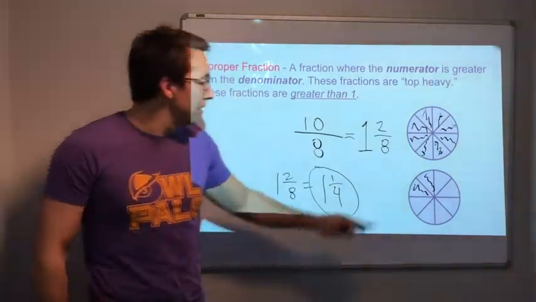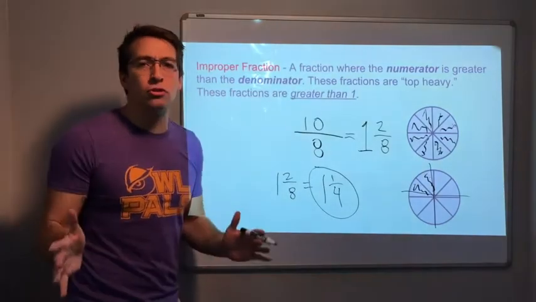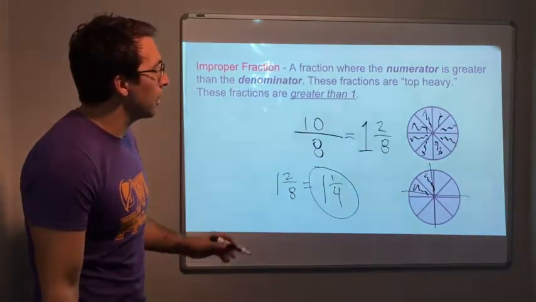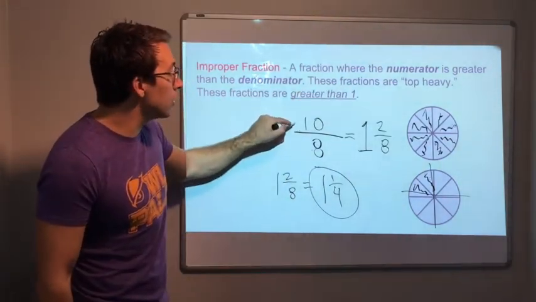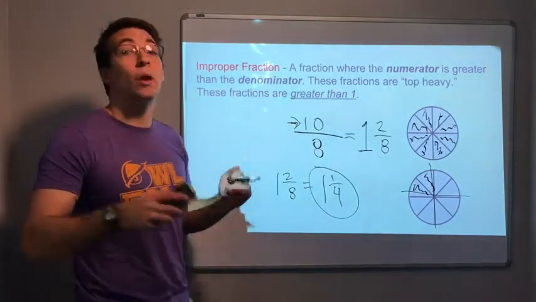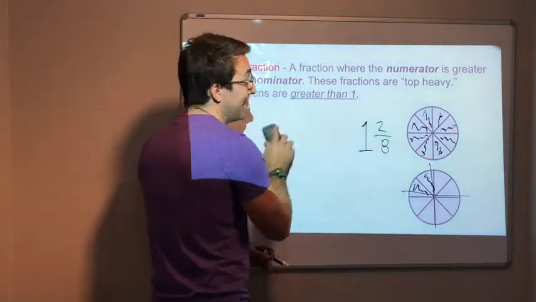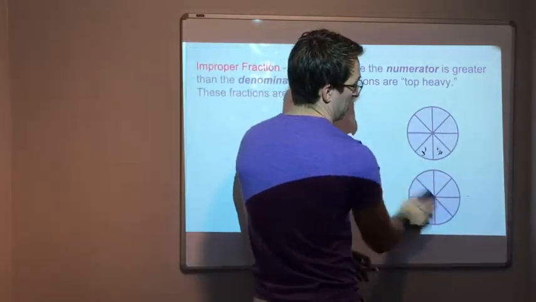Isn't that cool? So this is a super fast video just to introduce vocabulary. But an improper fraction is top heavy. The numerator is bigger than the denominator, and it is greater than 1. So an improper fraction is not part of a whole. It's more than one whole.